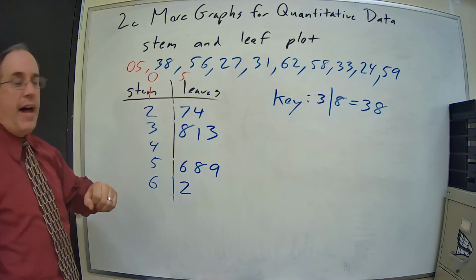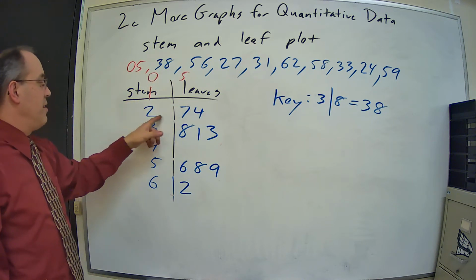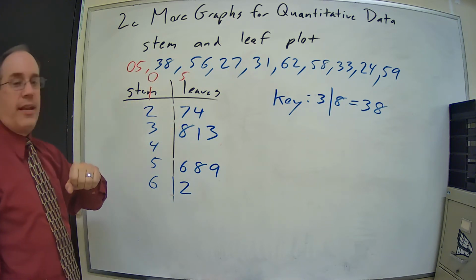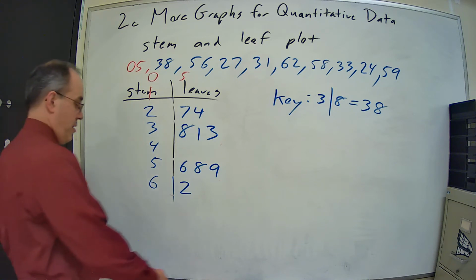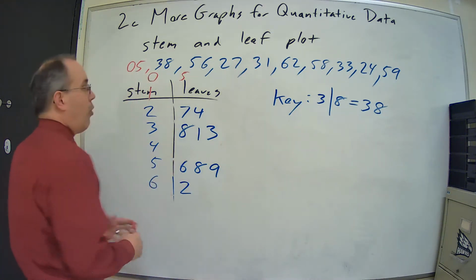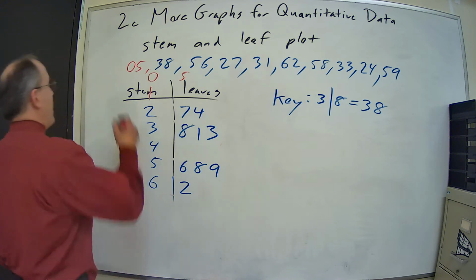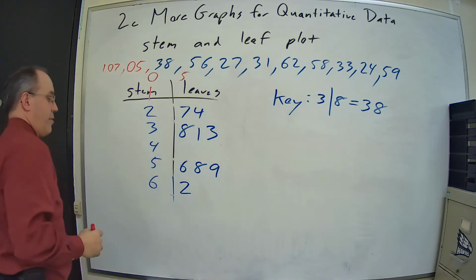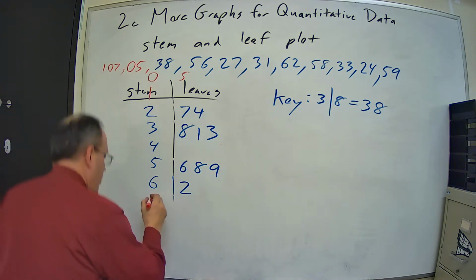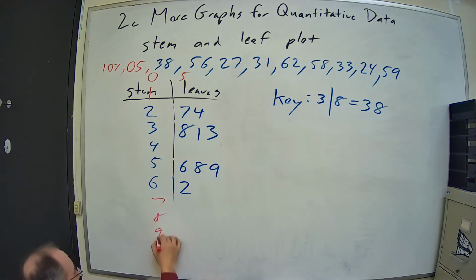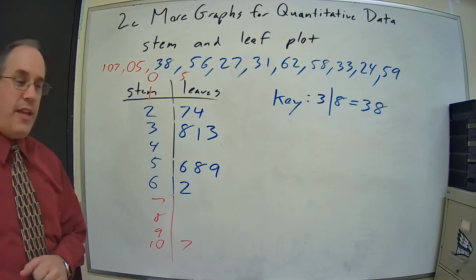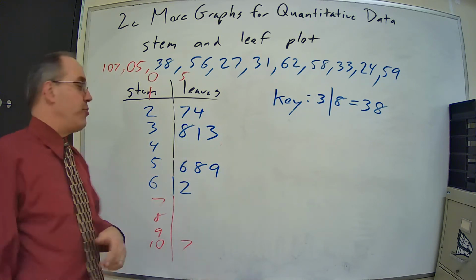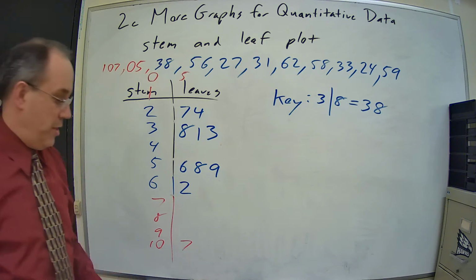And now I have 5. Nothing in the tens. 27, 24, 38. So we can start in single digits, or even going beyond that, we could have 107, which would mean that we now have 7, 8, 9, 10, 7, 107. So we can go beyond those ranges without any difficulty.